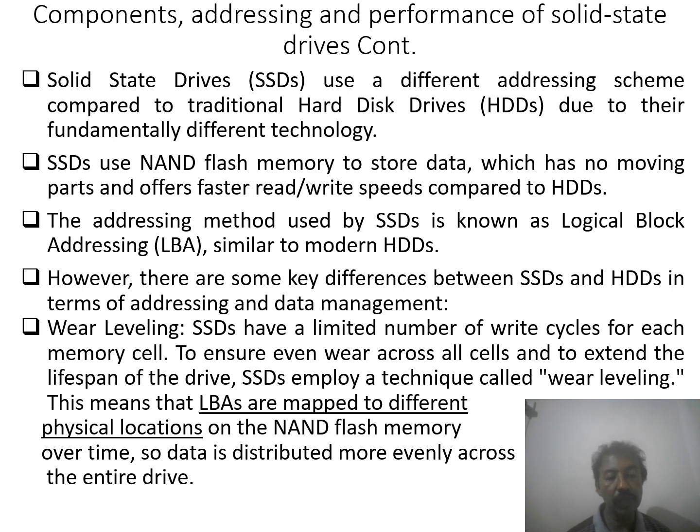SSDs use NAND flash memory to store data, which has no moving parts and offers faster read-write speeds compared to HDDs. The addressing used by SSD is known as logical block addressing, similar to modern HDDs. However, there are some key differences between SSDs and HDDs in terms of addressing and data management.